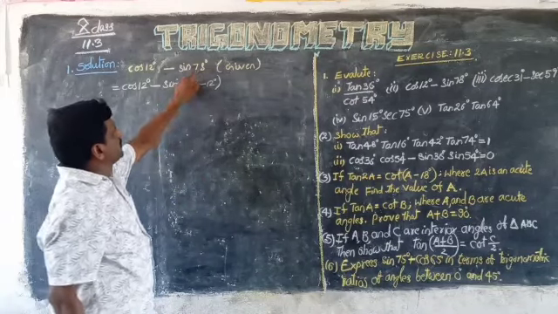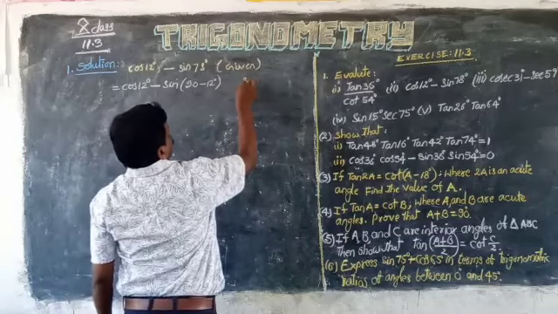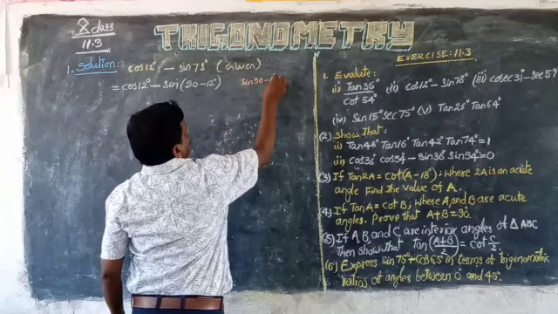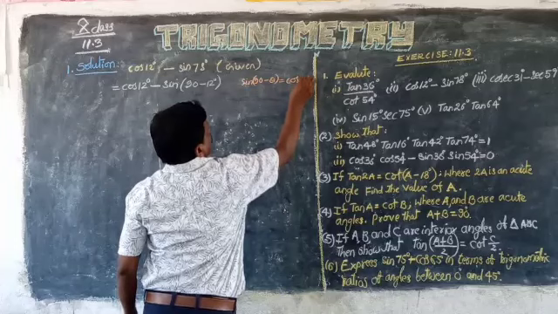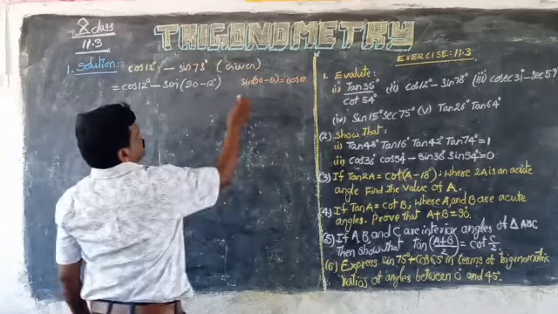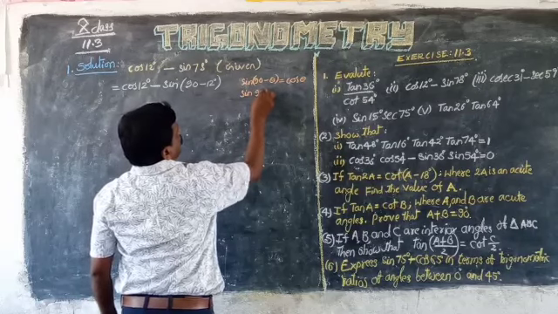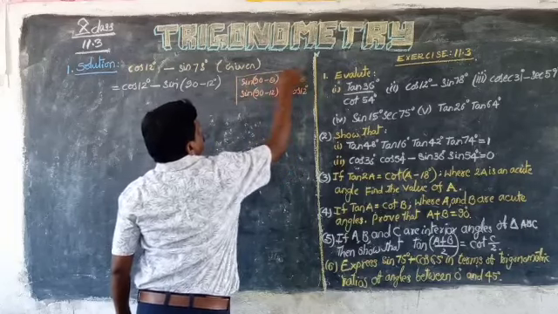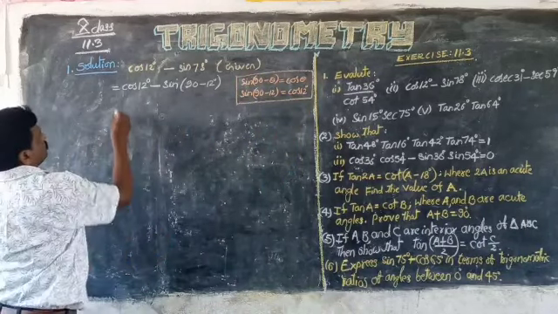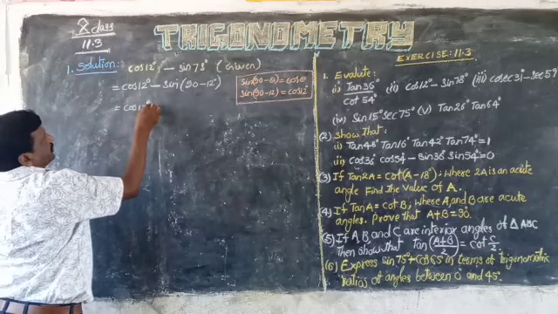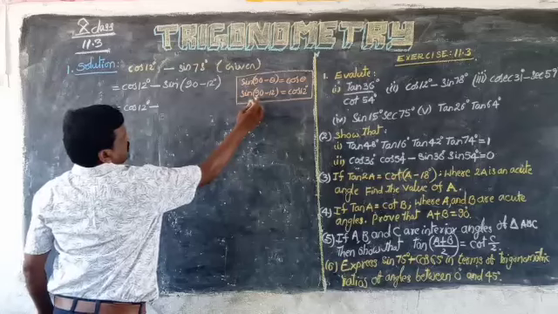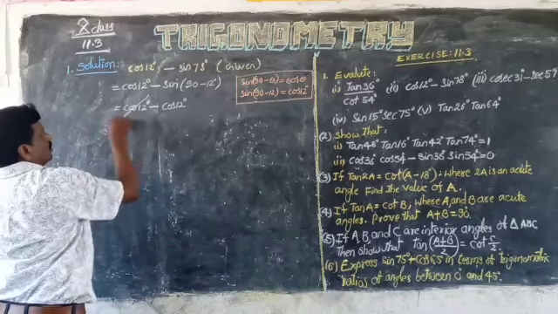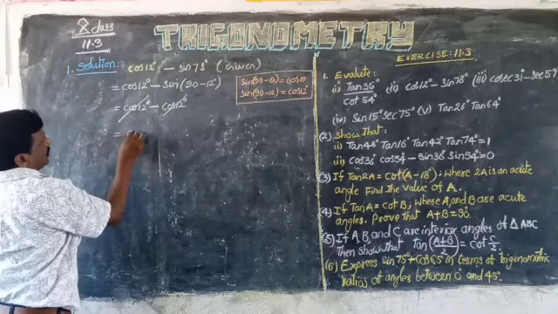Sin 90 minus theta is equal to cos theta, so sin 90 minus 12 is equal to cos 12. So cos 12 degrees minus cos 12 degrees is 0.